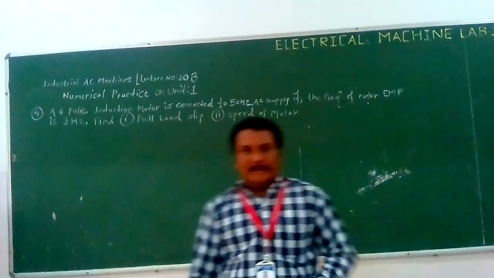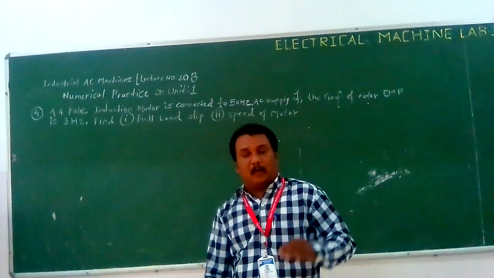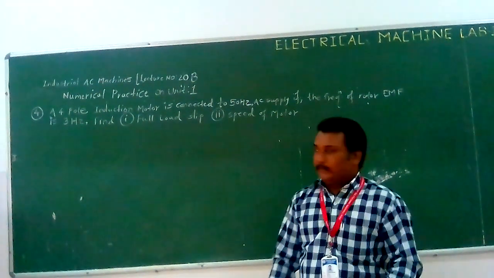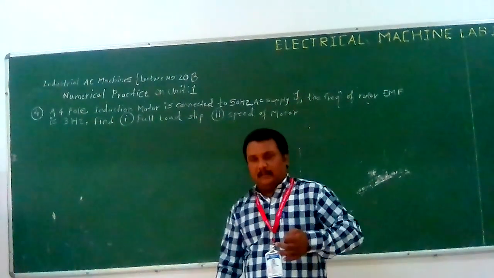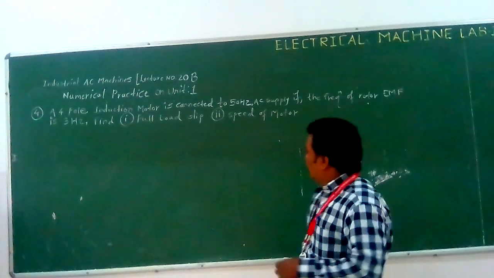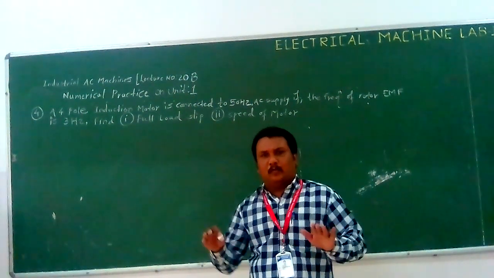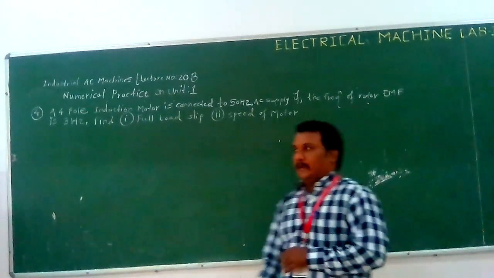Now going to numerical 4. Numerical 4 is slightly different from the previous 3. In this numerical, the slip and speed of the motor are to be determined, but the method is slightly different.